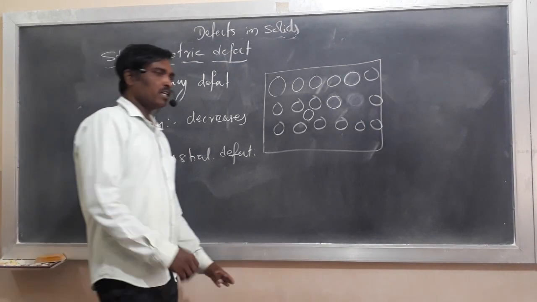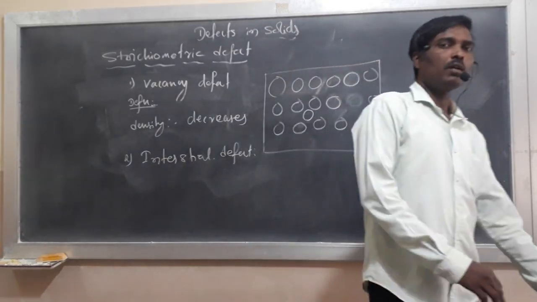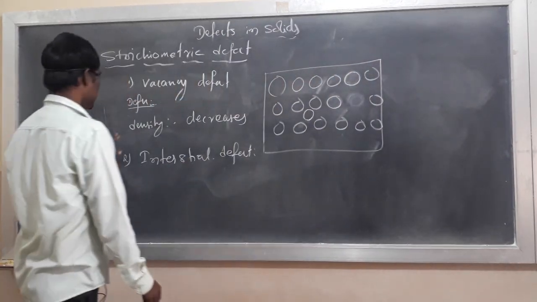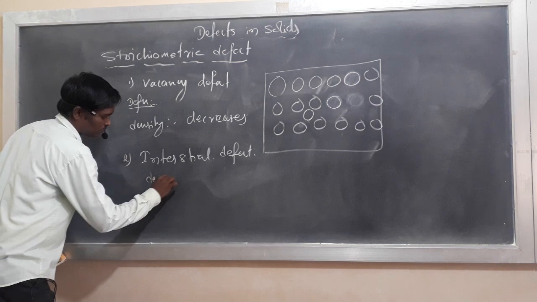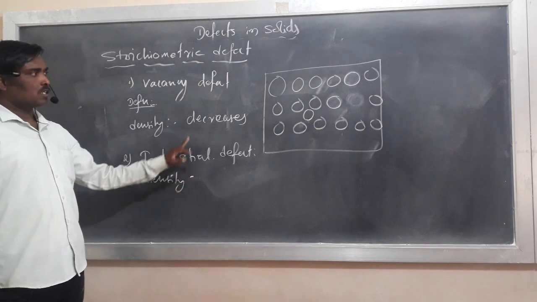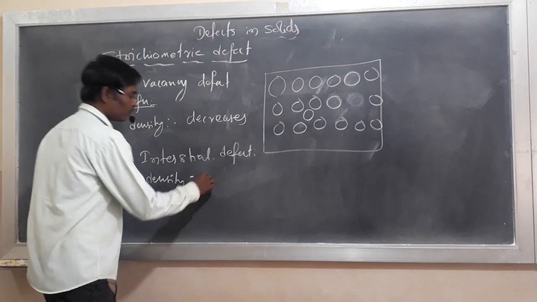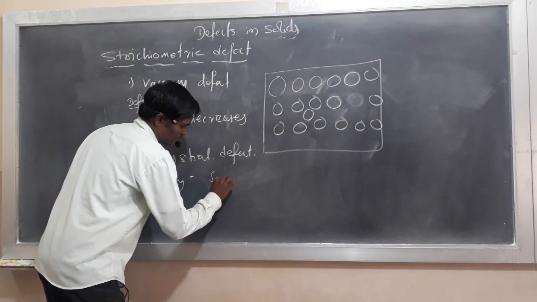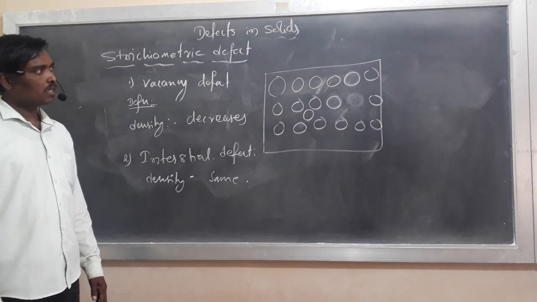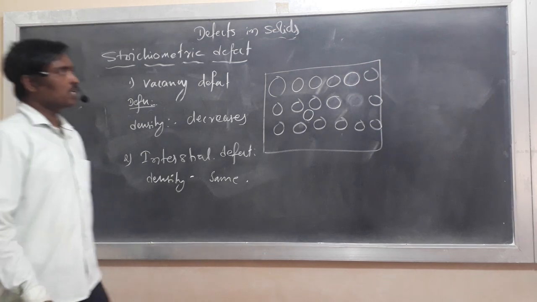Now, how to find whether that crystal has an interstitial defect or not? For that, just measure the density of this crystal. The density of the crystal remains the same, it does not change, because the particles are not completely removed from that crystal.